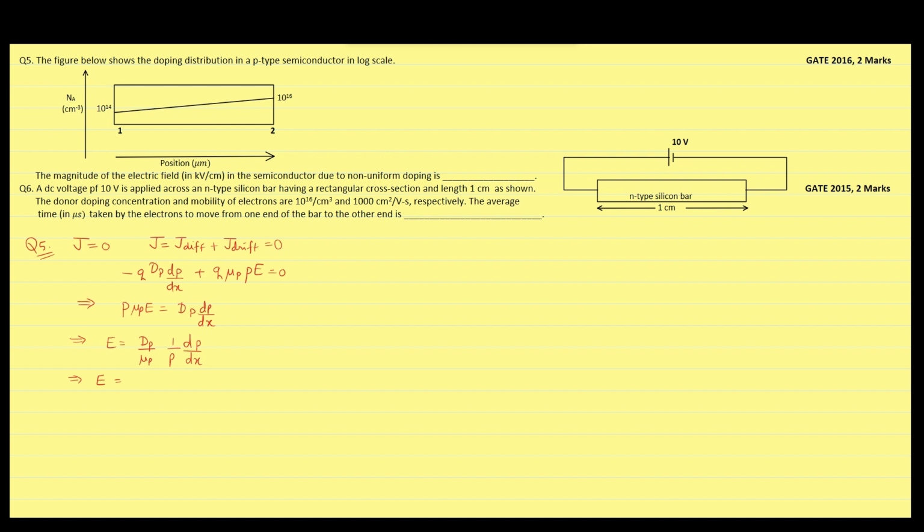By Einstein relation, we can write diffusion constant of hole divided by mobility of hole to be equal to thermal voltage, and this expression can be modified, therefore we will have the electric field equal to this. We are supposed to find only the magnitude, so we are not concerned about the sign of the electric field. Now we simply have to put the value of different parameters.